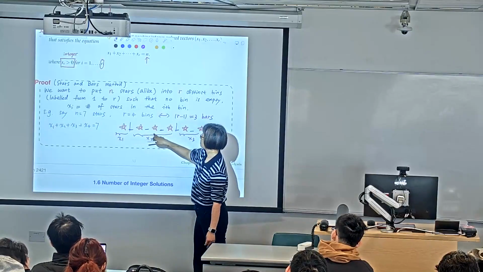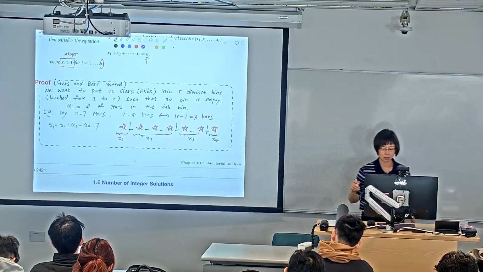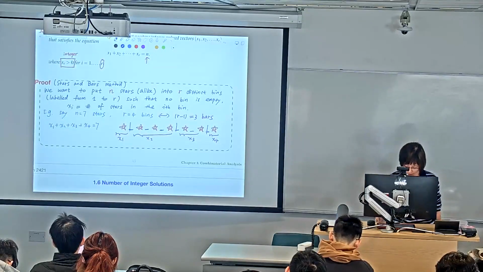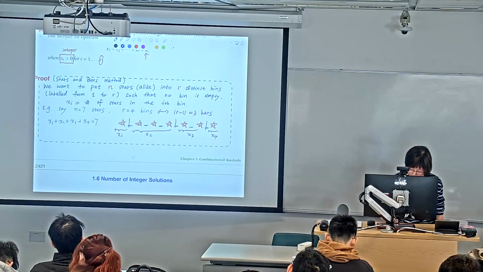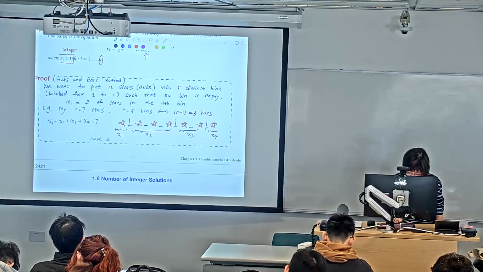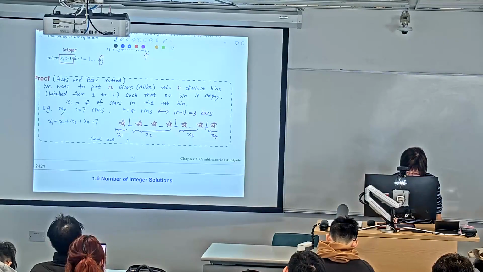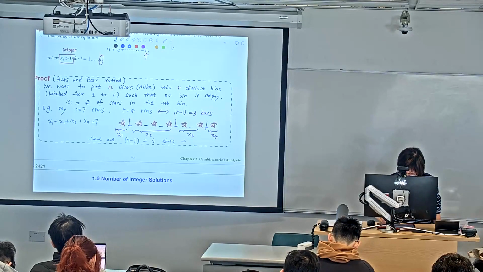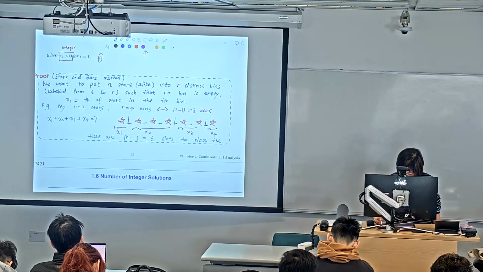So to do this, we just need to put the 3 bars among the slots. Now we have 6 slots, and we need to choose 3 slots to place the 3 bars out of the 6 slots. In our example, 6 slots equals n minus 1, and 3 is r minus 1.